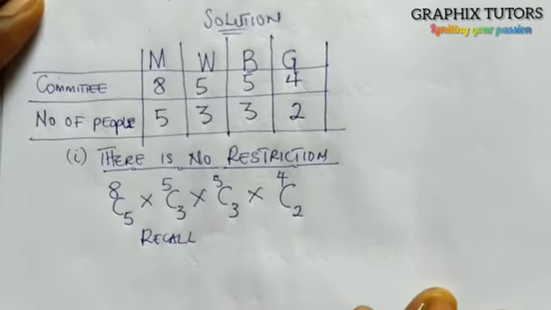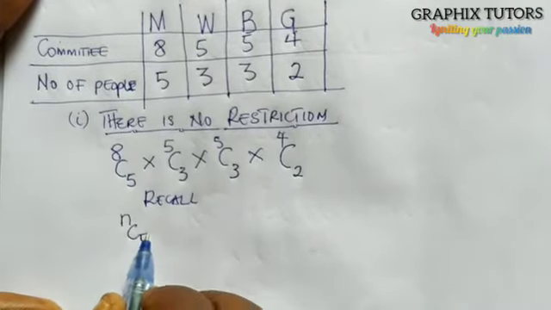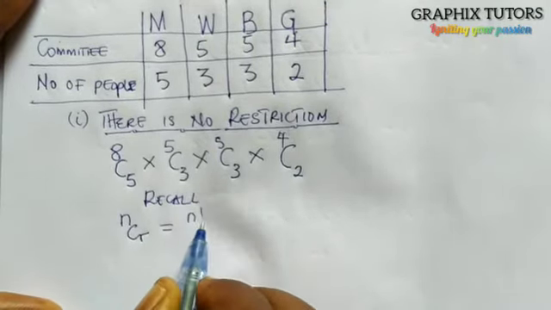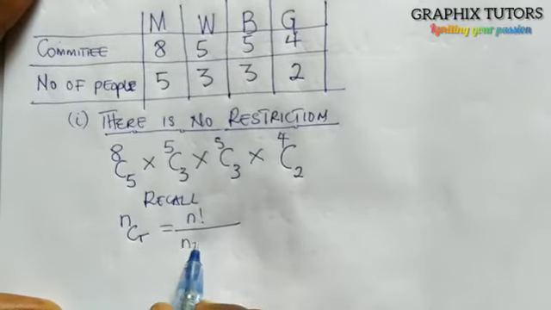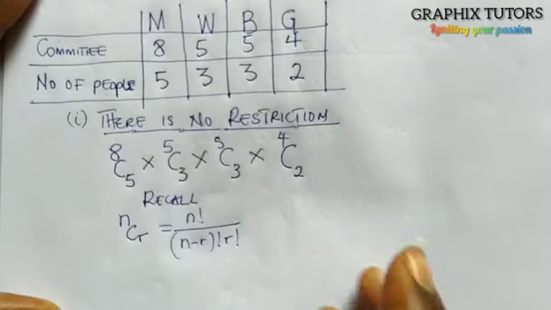So when you input this, recall that in terms of combination, n combination r gives us n factorial all over n minus r factorial, times r factorial. So we're going to apply it here.